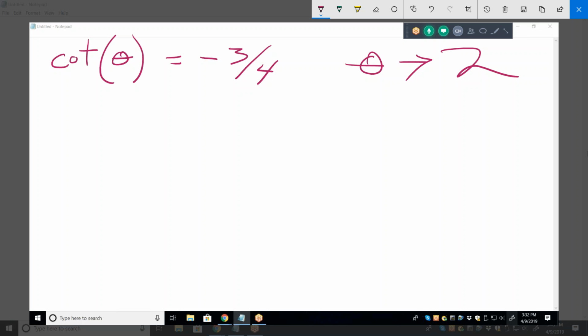I'm going to do this the way I tell everybody to do it. This is probably the most common question in trig, where they give you one trig function, they give you its value, and they tell you which quadrant it's in. There's always a beginning first step that I want to take.